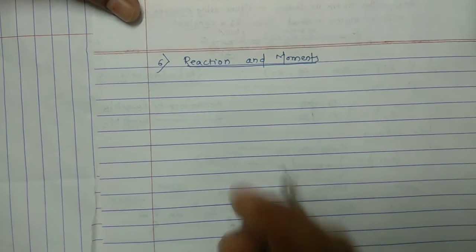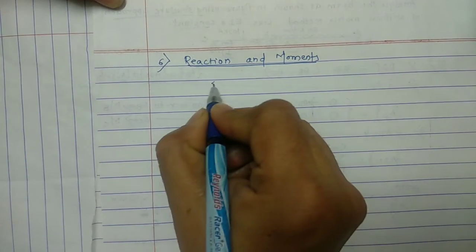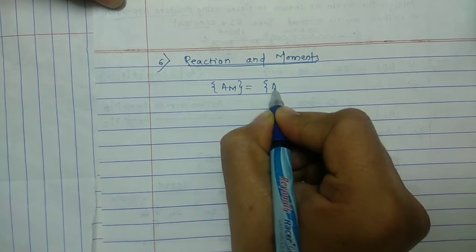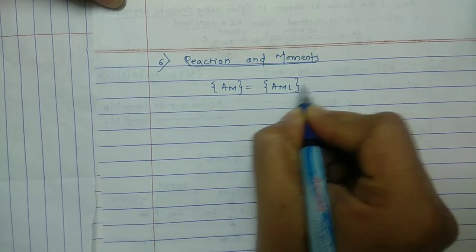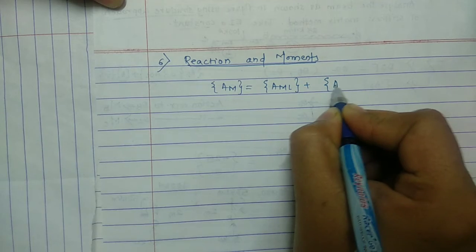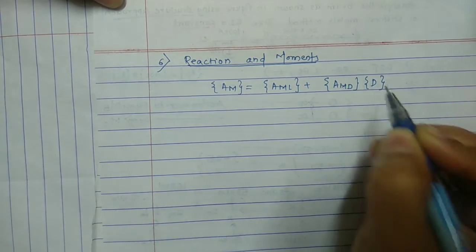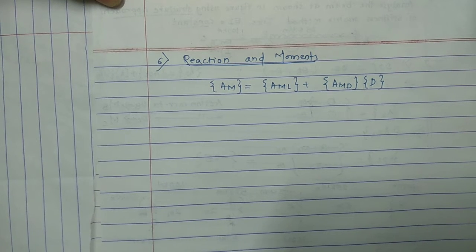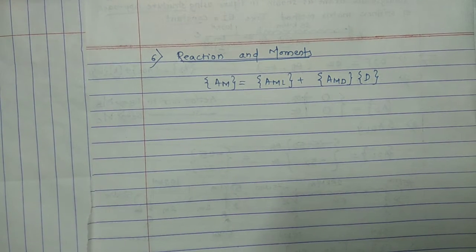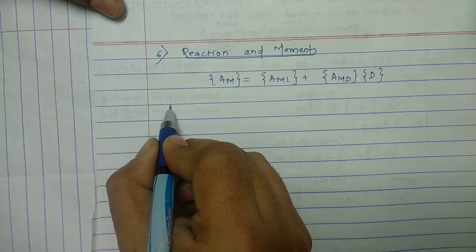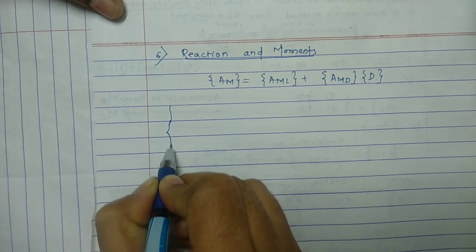So use the equation that is explained in the previous video. That equation is AM is equal to AML plus AMB into D. Okay, in this equation, AM means the unknown moments, unknown forces.